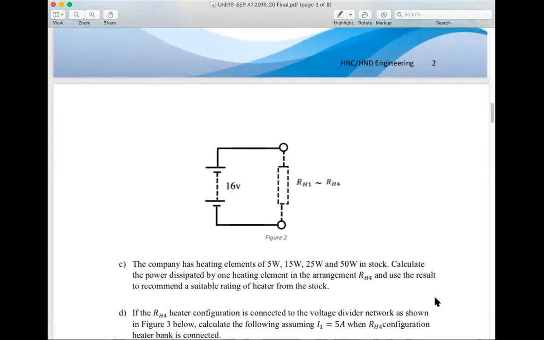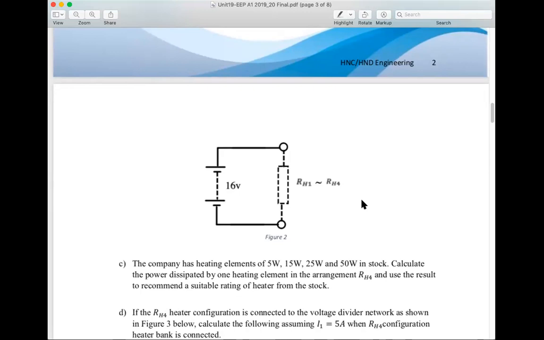Oh, well, actually, I've got a question. Let me get my assignment. Because, well, now you're here, I might as well ask. So, for C, I worked out a total wattage of 64. Would I then divide that by 3 for each resistor and choose a heating element, or would I keep that?